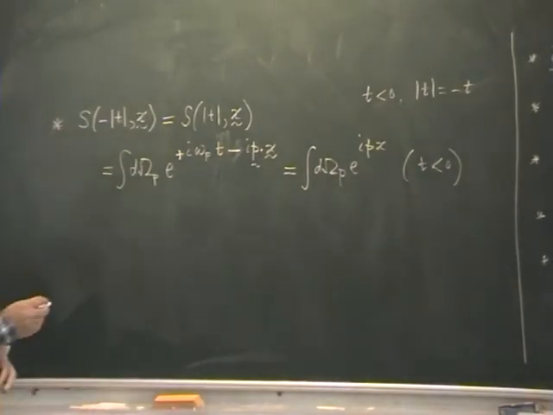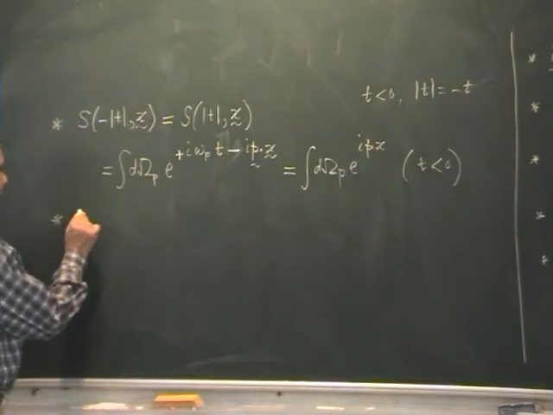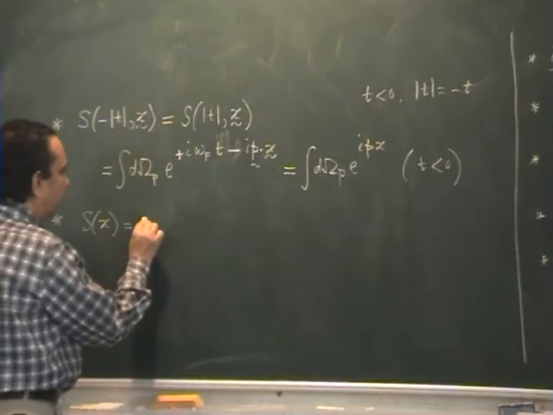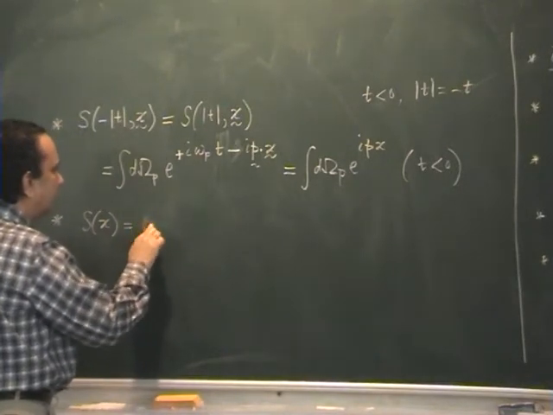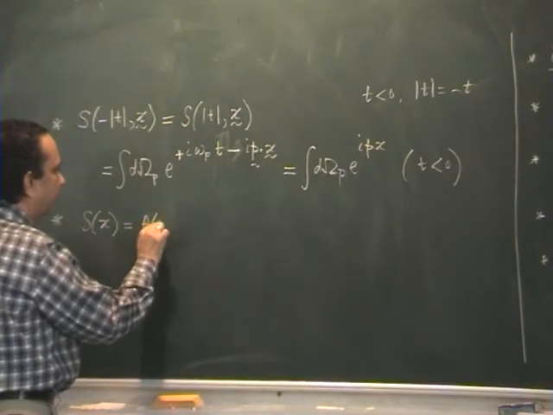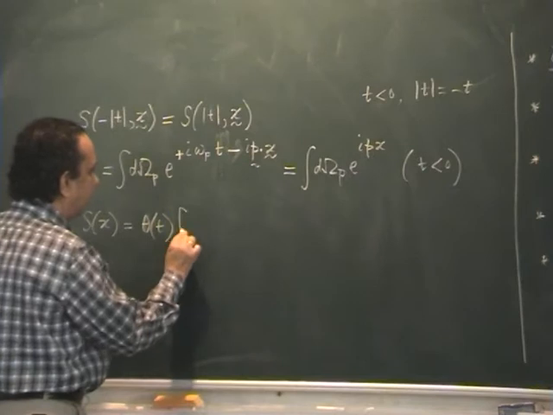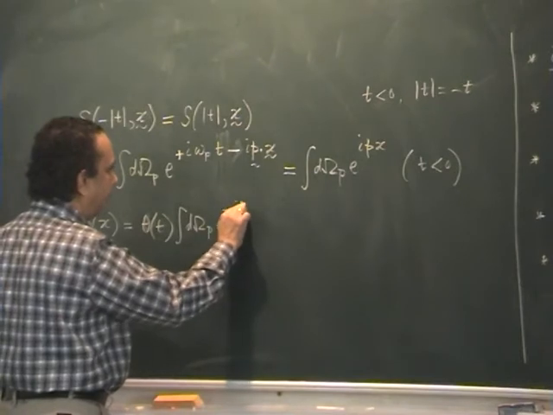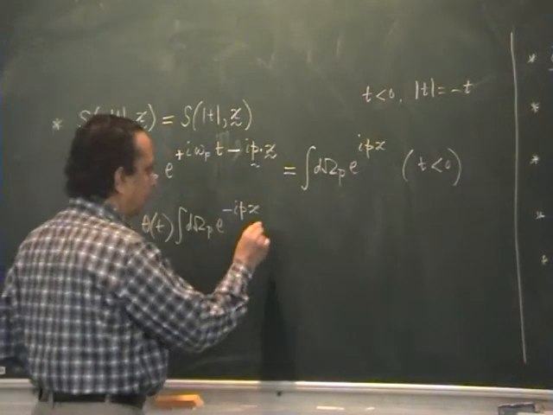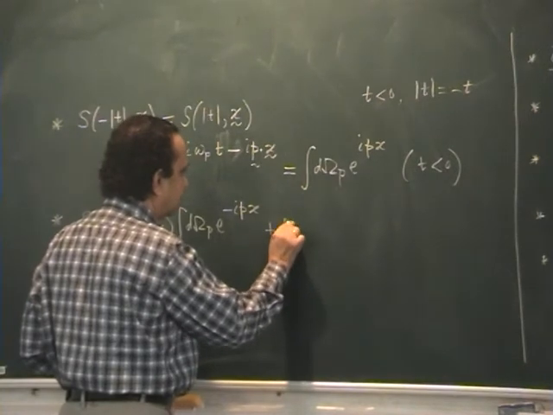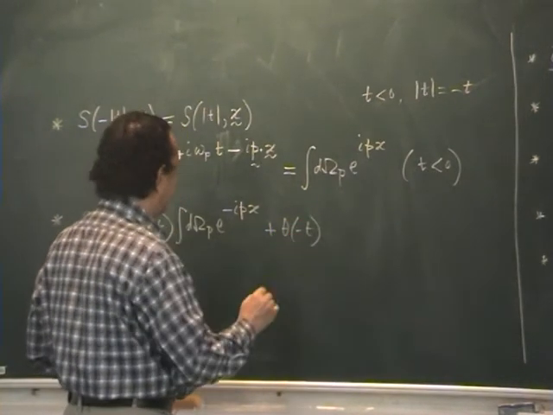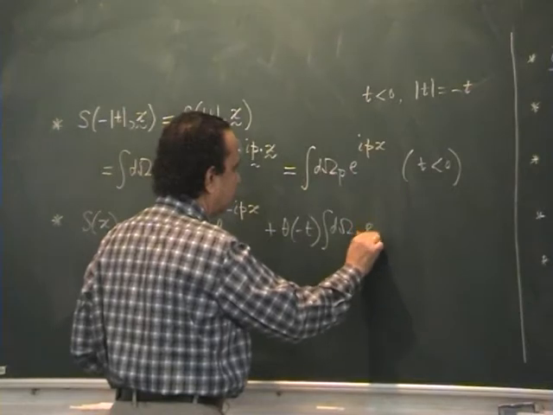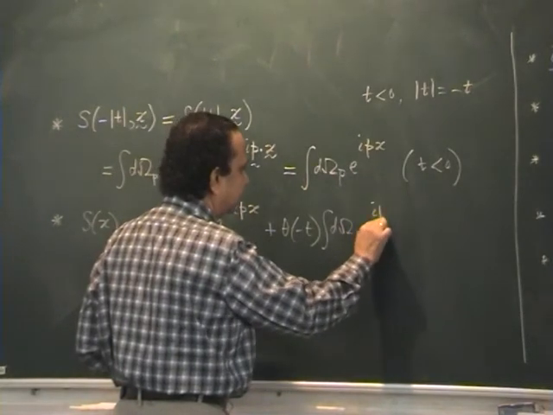Very nice. So that tells you that your S of x can be written as theta of t integral d omega p e to the minus ipx plus theta of minus t integral d omega p e to the ipx.